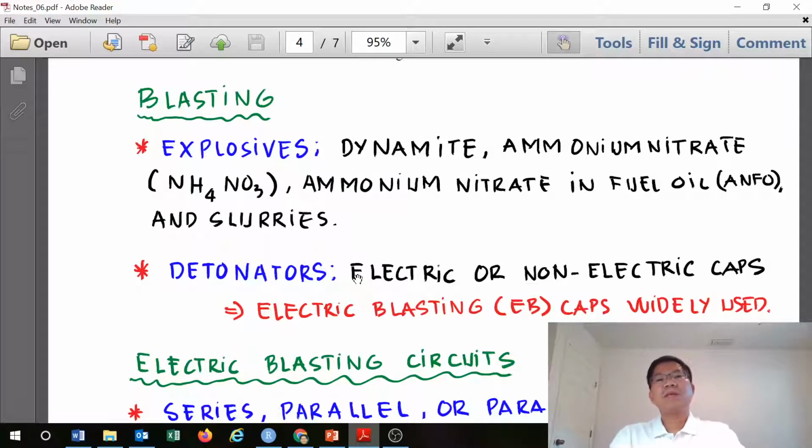Explosive can use dynamite, ammonium nitrate, NH4NO3. Since you studied fundamentals of environmental engineering, especially you guys in the dual major civil and environmental engineering, you are experts in those kinds of chemicals. And then we have ammonium nitrate in fuel oil, ANFO, and then slurries.